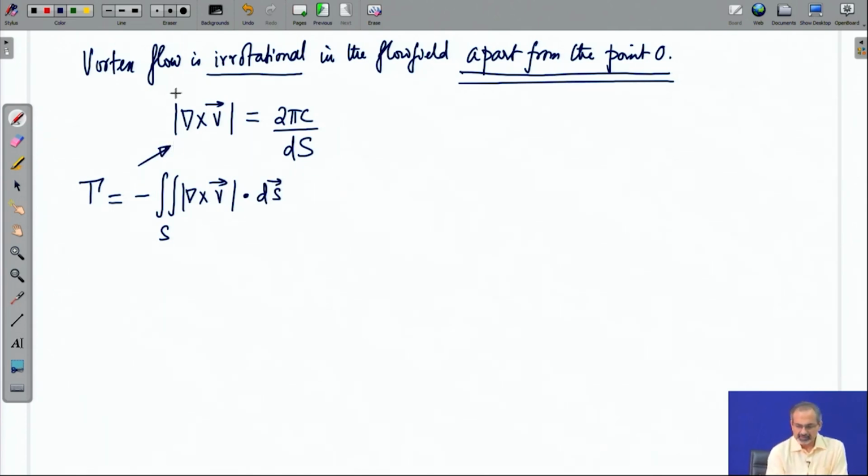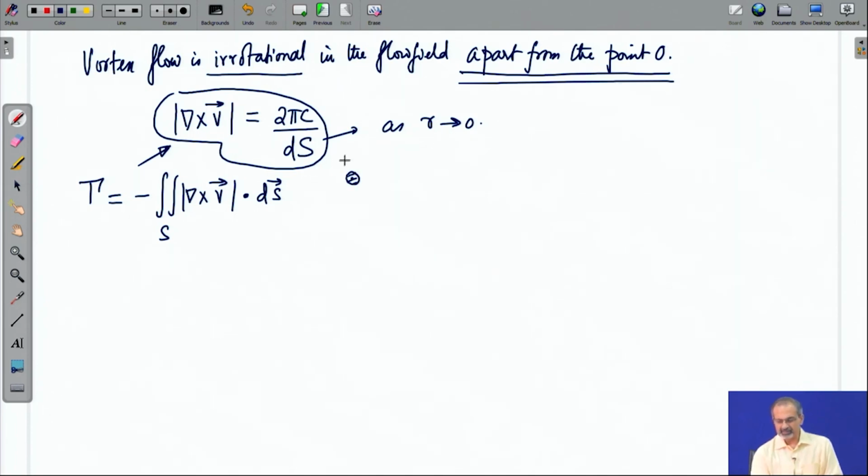Now, from this expression which we have very close to the point O, what happens is that as r tends to 0, you are already very close to the point O. This is what your ds is. That means r is tending to 0 anyway. So, as r tends to 0, what happens to ds? ds also tends to 0. And then what happens to curl of the velocity vector?